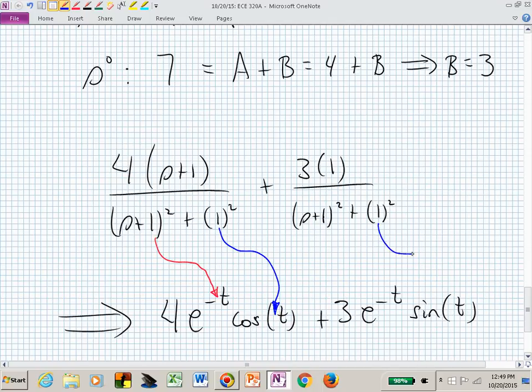This 1 is sitting right here. This 1 is sitting right there. This 3 is right there, and this 4 is right there. And that's how we populated that time domain.